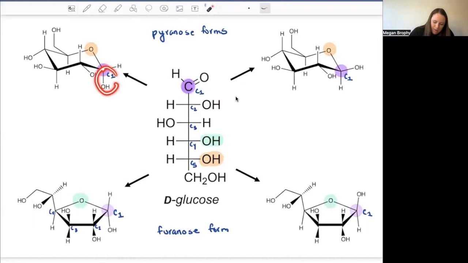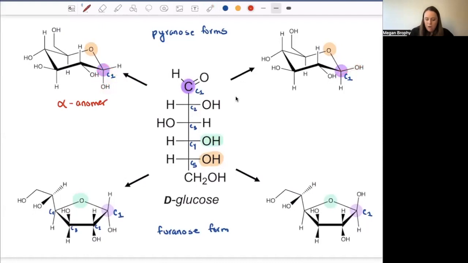So here we have our anomeric carbon. The hydroxyl group is pointing down. So this is going to be the alpha anomer. If we move around going clockwise, then in our second pyranose form, we have our anomeric carbon. The hydroxyl group is pointing up. Just a little bit on the chair conformation, but we still call it up.